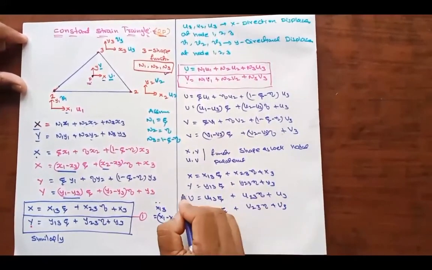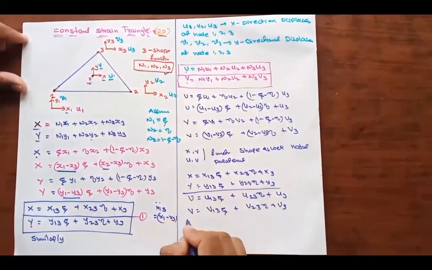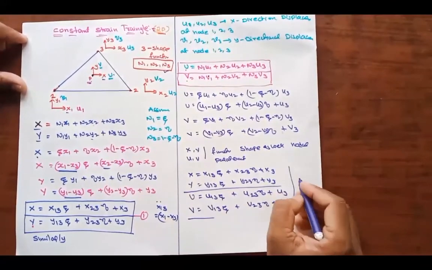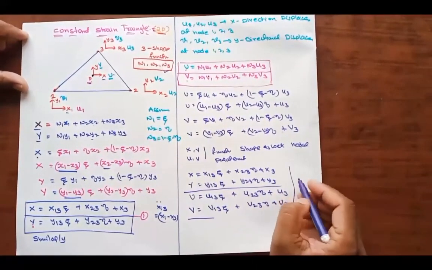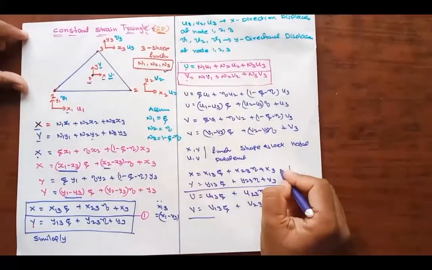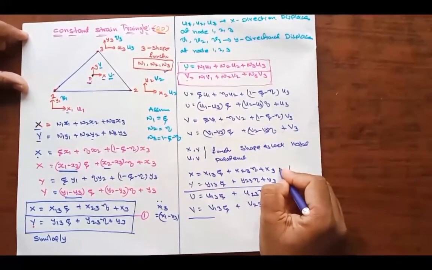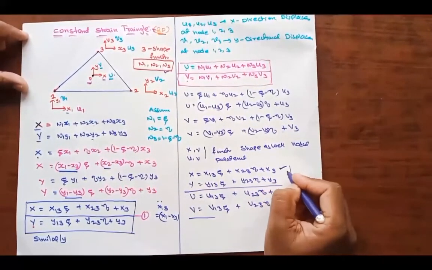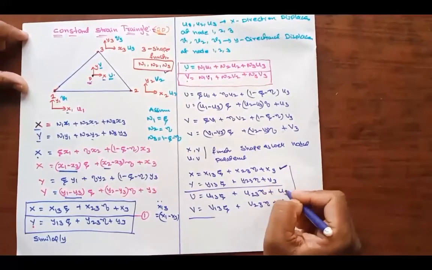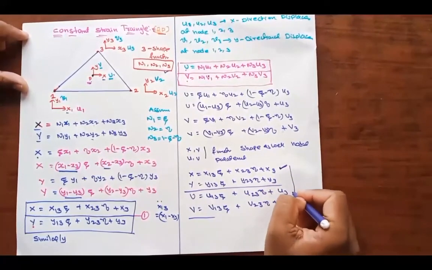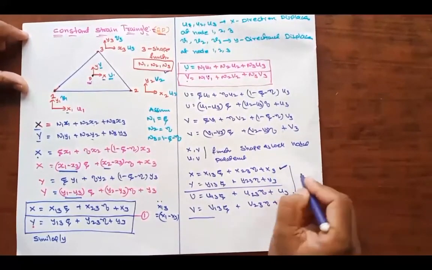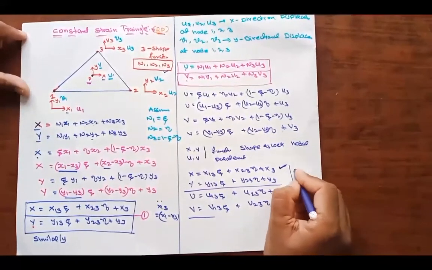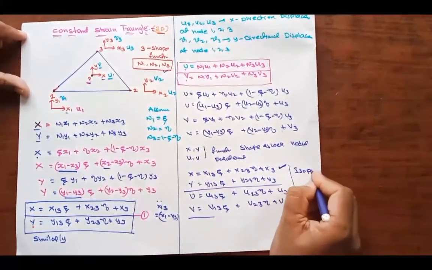So the above two equations and the below two equations are called the isoparametric representation, meaning that x is a function of zeta and eta, the natural coordinate system, and similarly u, v is also a function of the natural coordinate system. Therefore this representation is called the isoparametric representation.